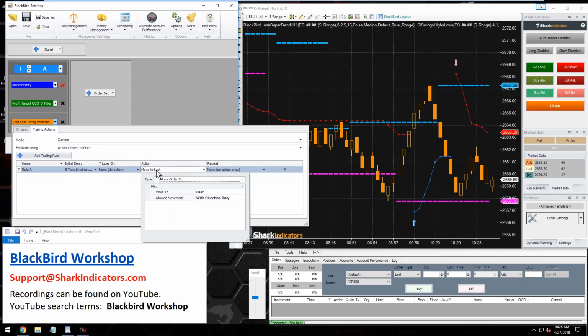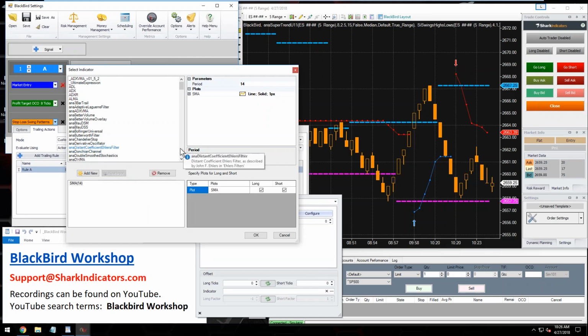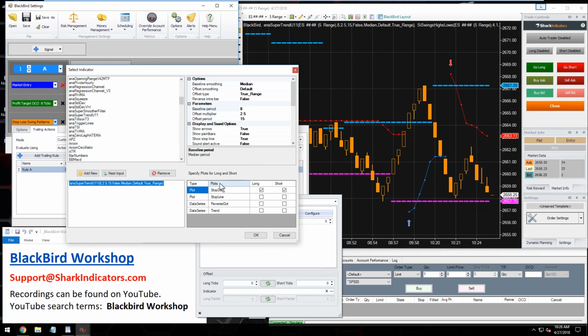So we're going to go into actions. That is what moves the stop loss. We don't want to move it to the last price. We actually want to move it to an indicator value. So we're going to select the anaSuperTrend. There's our indicator.